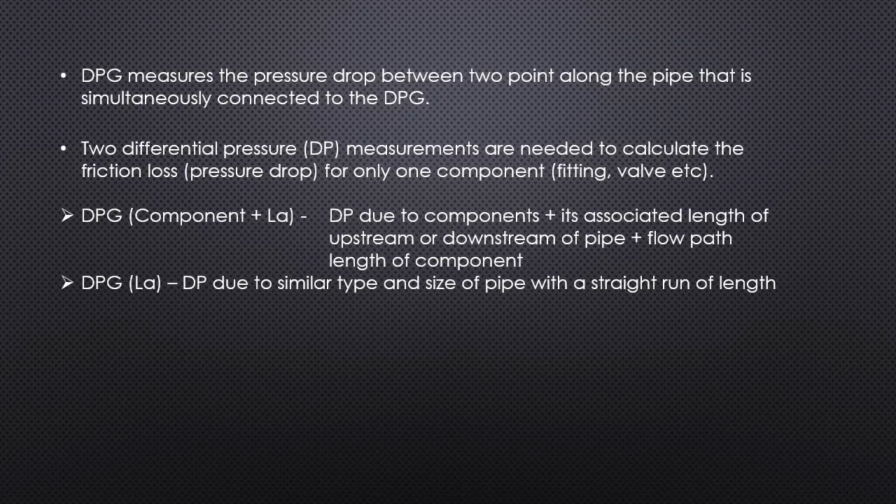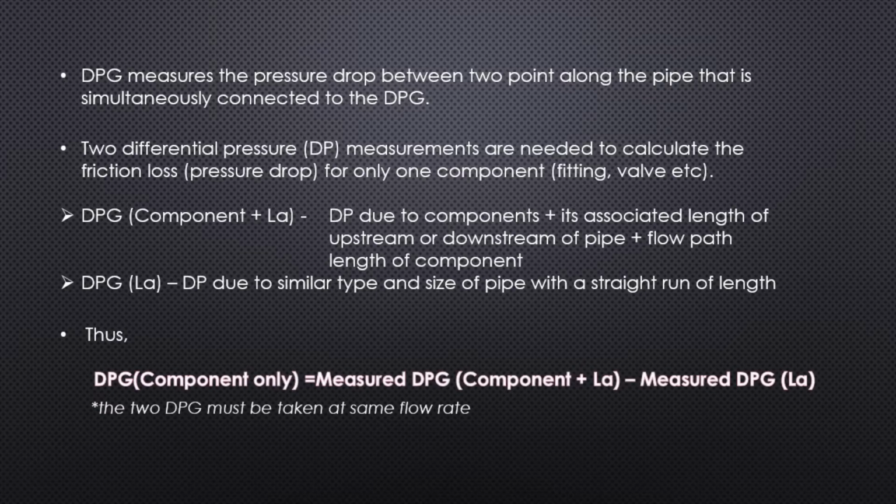One is differential pressure due to the component plus its associated length of upstream or downstream pipe plus flow path length of the component itself. Another differential pressure is due to a similar type and size of pipe with a straight run of length. We must make sure that the two recorded differential pressures are taken at the same flow rate.